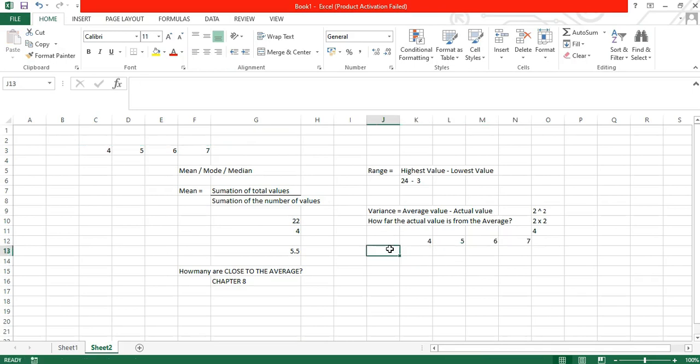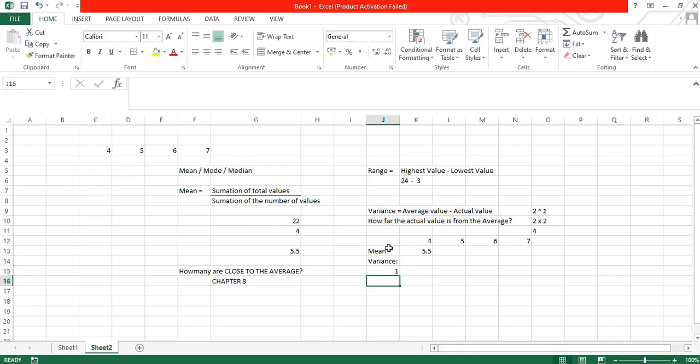So let's consider this data set to calculate the variance. First of all, I'm going to get the mean. So the mean, as we found out, is 5.5. And now I'm going to get the variance by the steps.